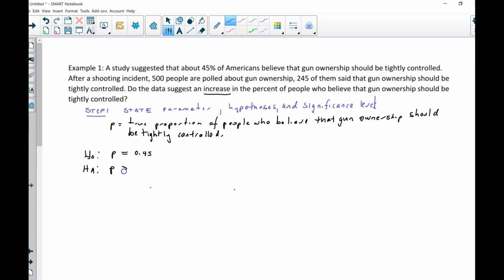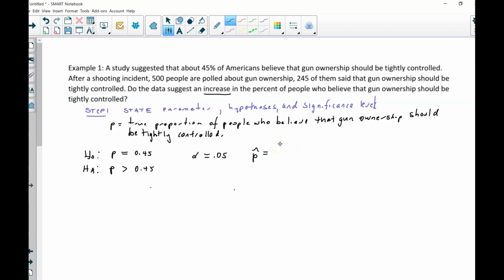This means that the alternative is showing a greater than symbol, so that p is greater than 0.45. And in this problem, they don't give the significance level, so you can choose anything. Typically, we would choose 5%.